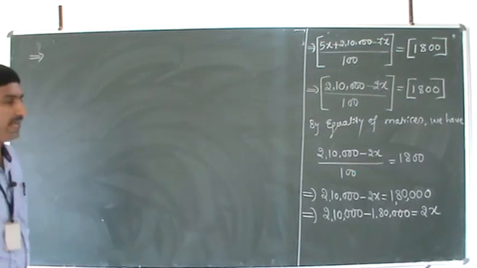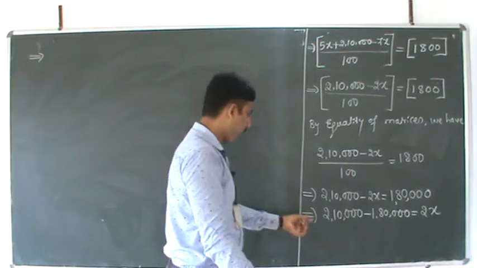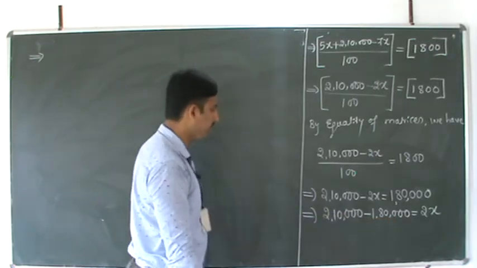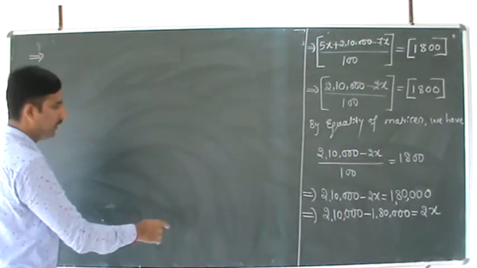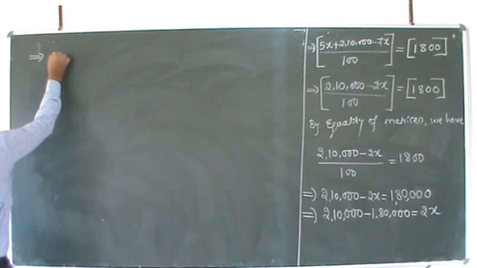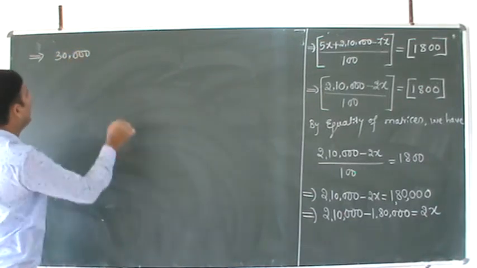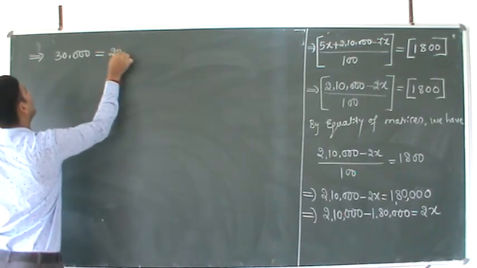What's the answer? Answer is 30,000. Correct? Which is nothing but 30,000, which is equal to 2x.